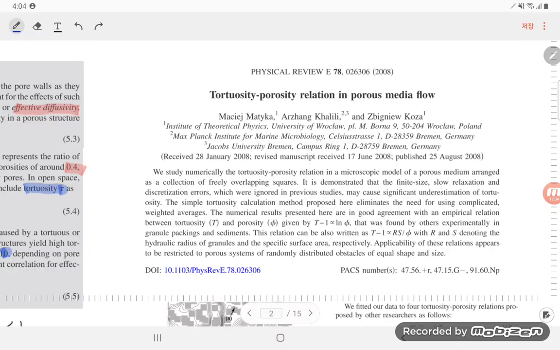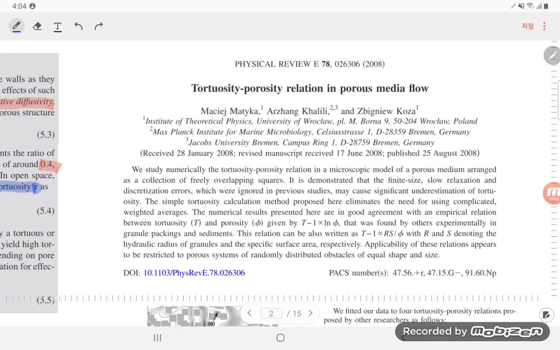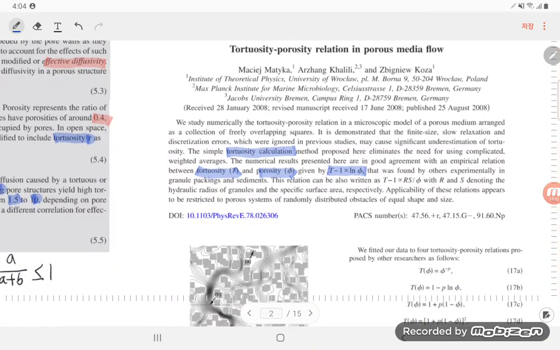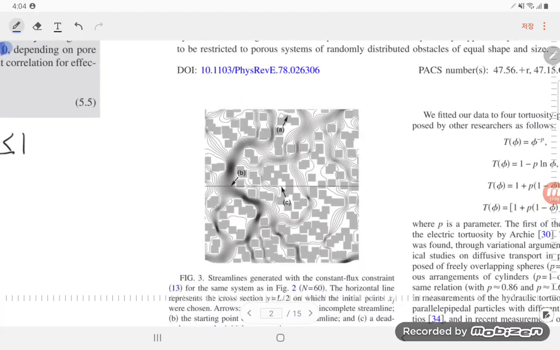When you read this paper, the simple tortuosity calculation method proposed here eliminates the need for using complicated weighted averages. The numerical results presented here are in good agreement with the empirical relation between tortuosity T and the porosity phi, given by T minus 1 is proportional to ln phi. So this is the simulation they have conducted.